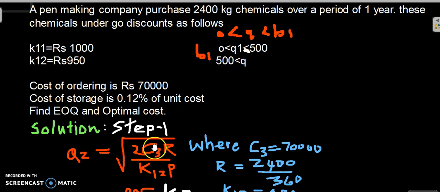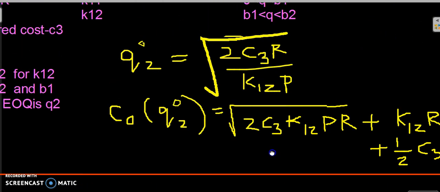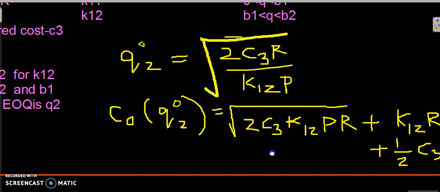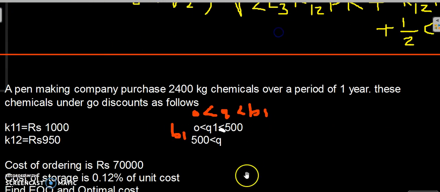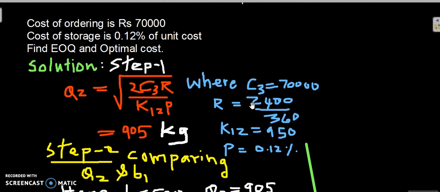So first step, let us calculate Q2 with the same formula given here, Q2 equals square root of 2 C3 R divided by K12 P, where R is the demand rate, K12 is the purchase cost, this is the holding cost, and this is the setup cost. Substituting all this, we get 905 kilograms, as in the previous case.